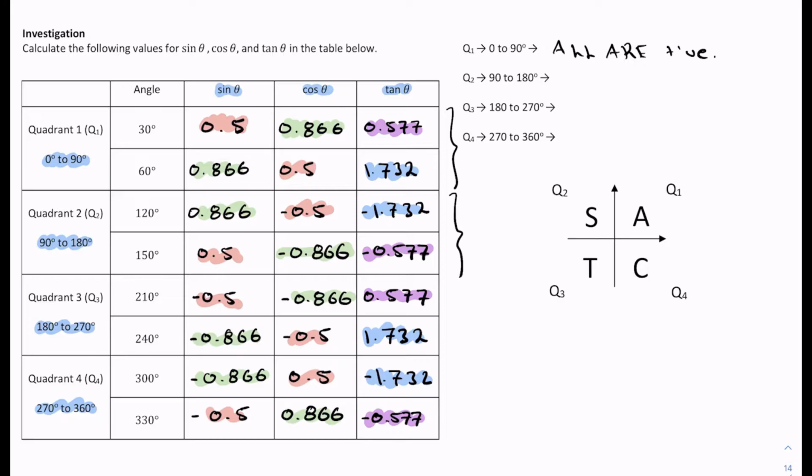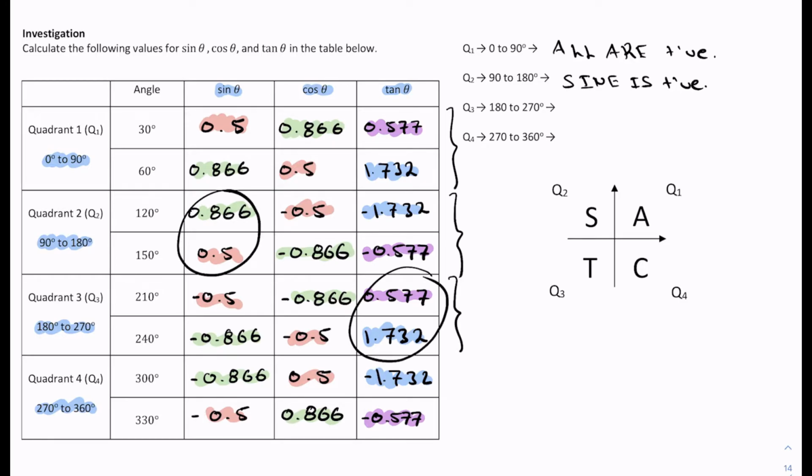And so let's summarize that as tangent is also negative, sine is positive. And then from 180 to 270, the only positive one is tangent.